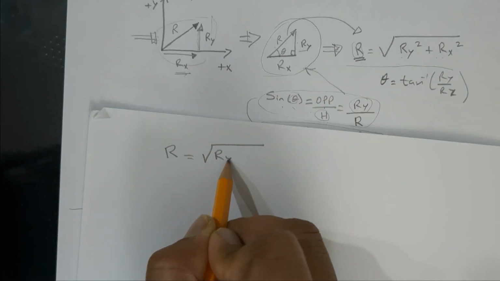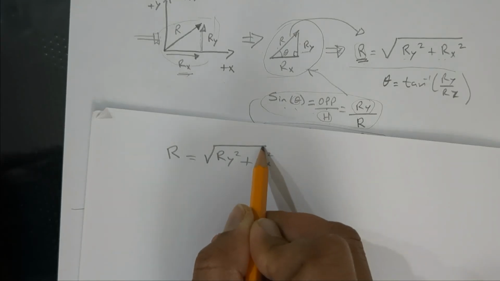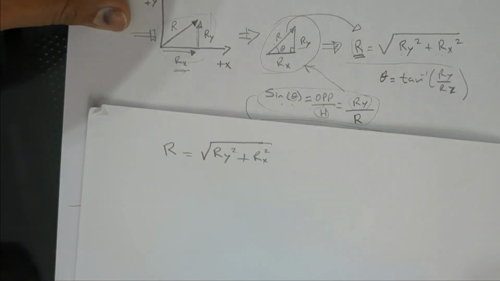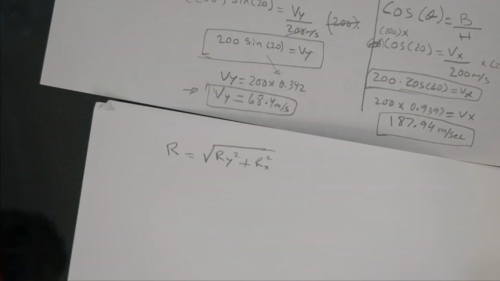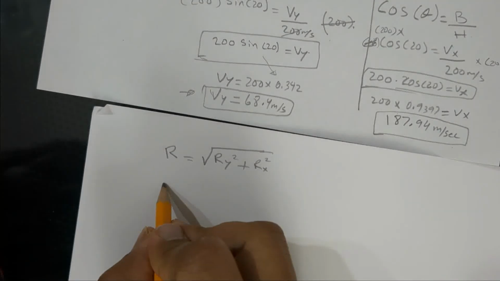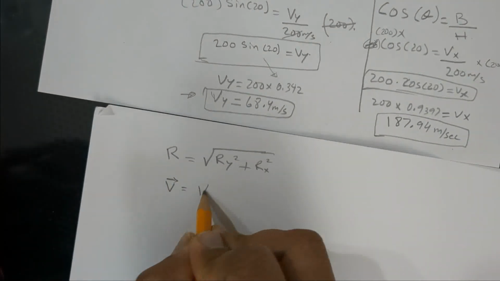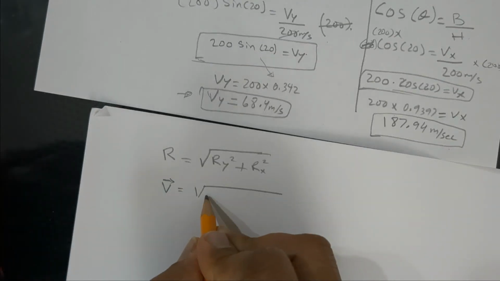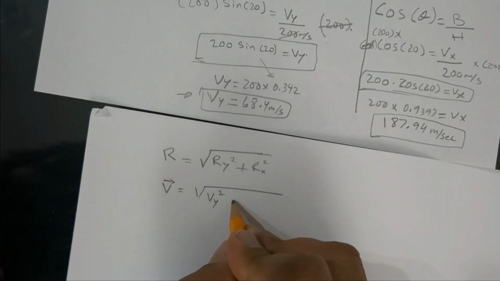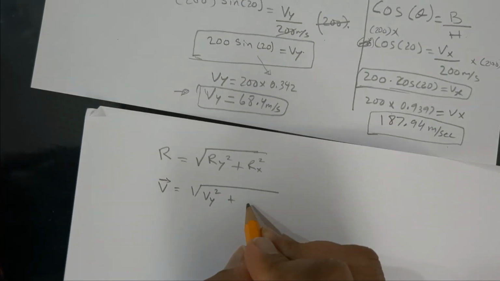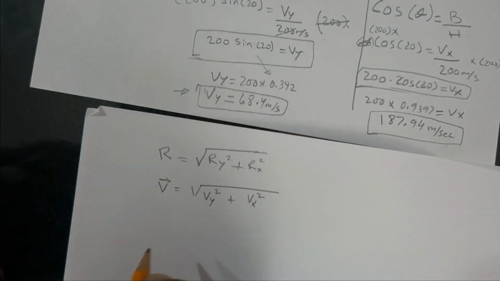So that's the y component and the x component, right? So in this case, we have vector V is equal to the square root of the y component squared plus the x component squared, right?